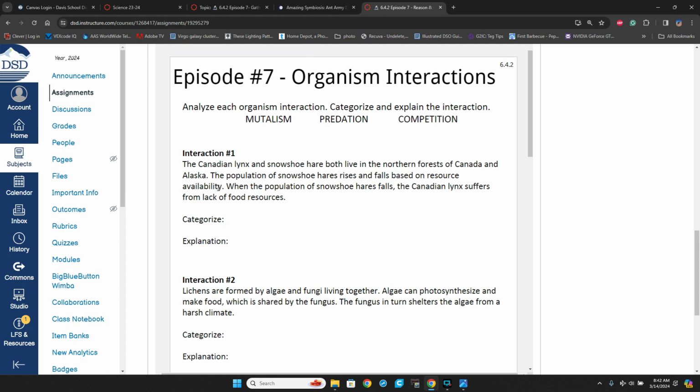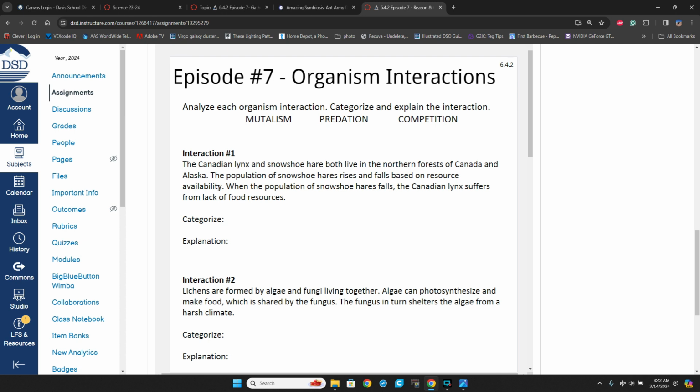So the more food, the more rabbits you're going to have. When the population of snowshoe hares falls, the Canadian lynx suffers from lack of food resources.